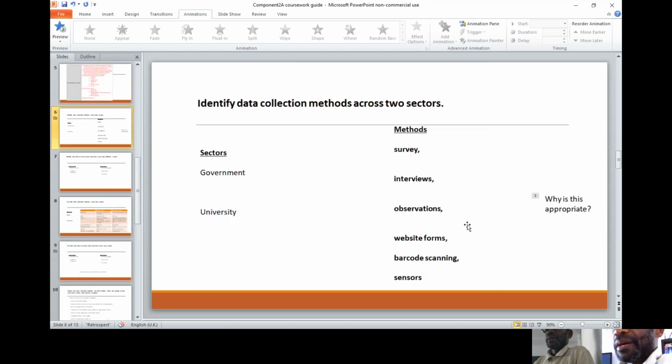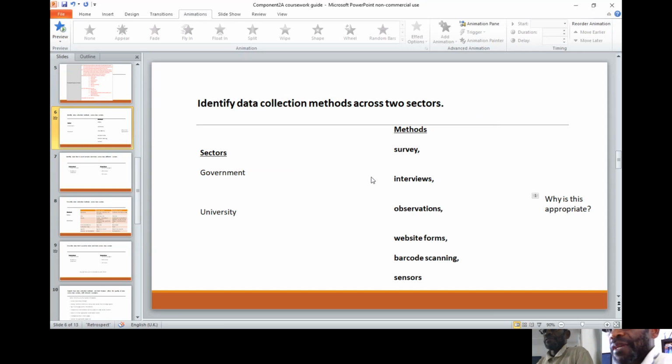And the first question you are asked to answer is to identify the data collection method across two sectors. So looking back to the keywords that we looked at earlier, the keyword here is to identify. Identify, you don't have to do much to identify. We've already looked at the different data collection methods.